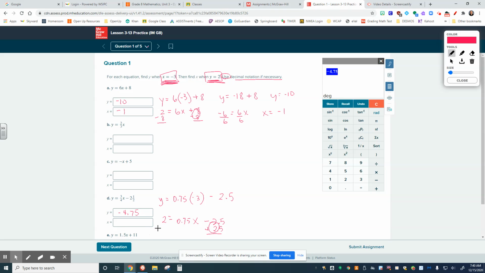To keep equality, we have to use the addition property of equality and add to the expression on the left, which now gives us 4 and 5/10 is equal to 75 hundredths of x. Divide that by 75 hundredths to get 1x. Divide the 4 and 5/10 by 75 hundredths, and we see that 4 and 5/10 divided by 75 hundredths equals 6. So we know that x must be equal to 6.